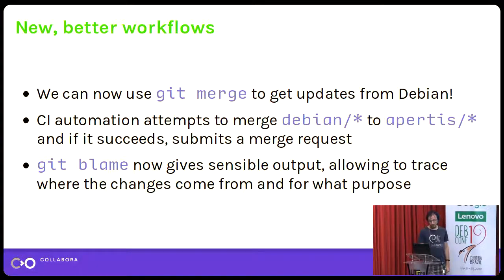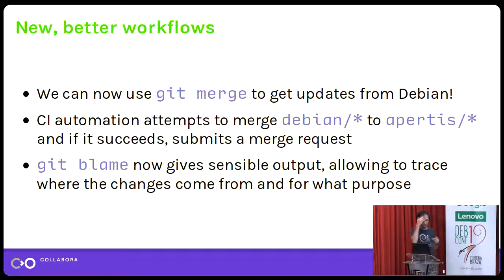Right. And this enables new, better workflows. We can easily pull updates from Debian. There's a CI job which runs each night, which updates the Debian Buster branch from Buster and puts new versions of packages from Debian there. It attempts to automatically merge the Debian branch with the Apertis branch, and at the moment it can only solve the merge conflicts which happen in the changelog.